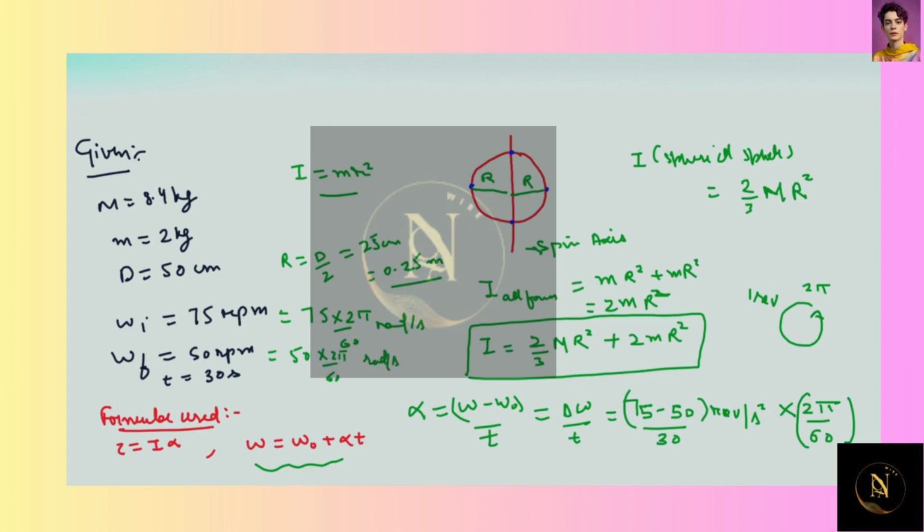So this becomes radian per second squared. Let me write it again. So we have 2 pi over 60 radian per second squared.